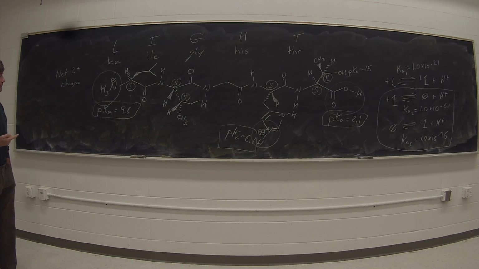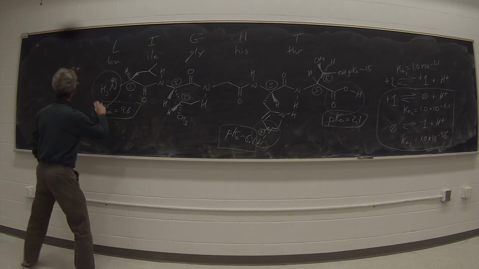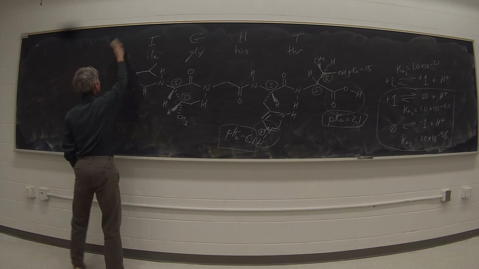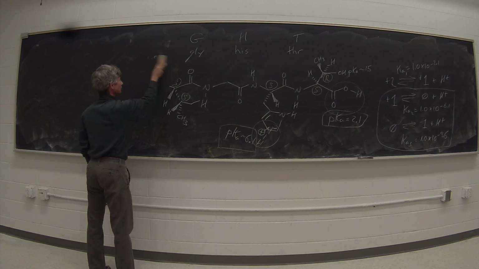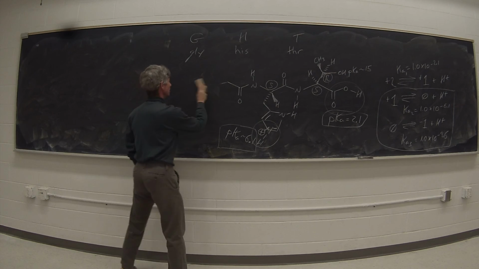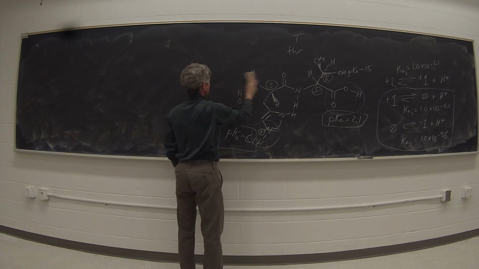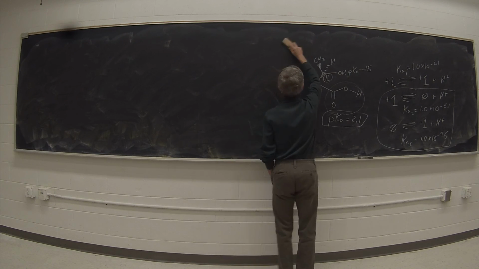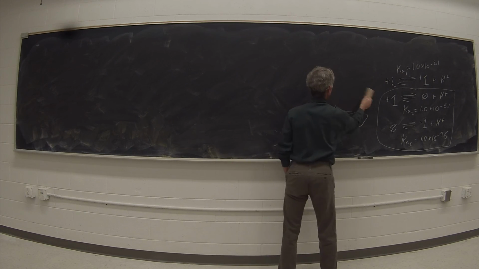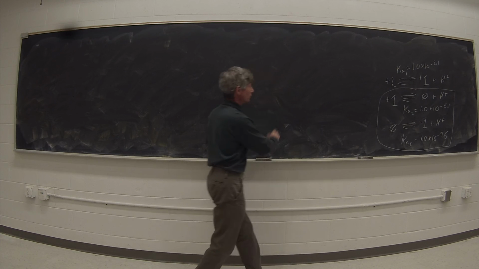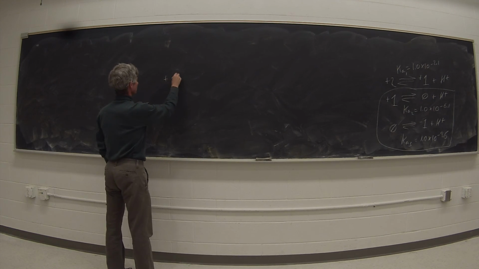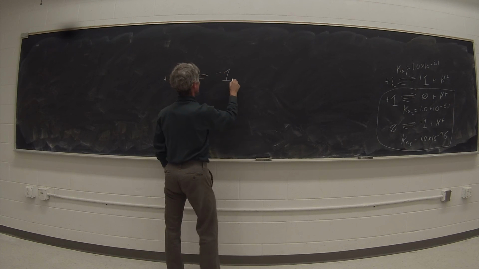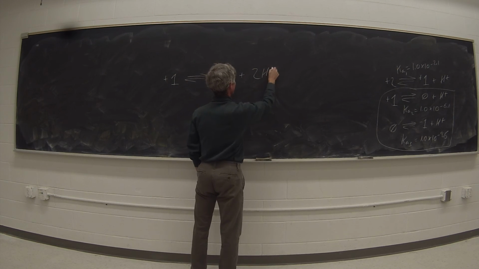So if we're going to calculate the isoelectric point, those are the 2 pKa's we're worried about. pKa2, which is 6.1, and pKa3, which is 9.6. What we're going to do is add those two reactions together and get the +1 species in equilibrium with the -1 species at 2 hydrogen ions.